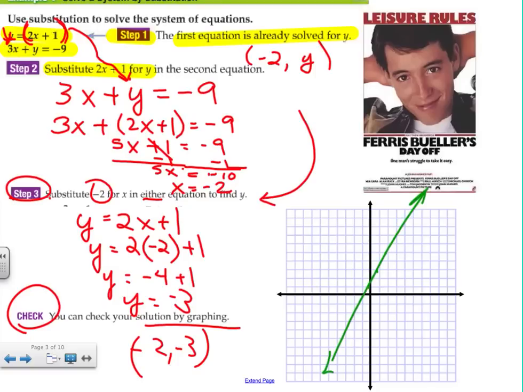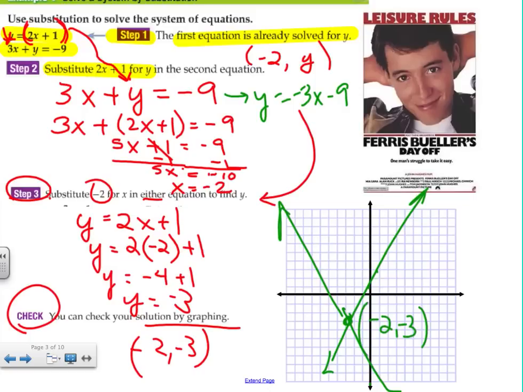And then we have y equals negative 3x minus 9, right? To graph it, we're here at negative 9, and we go up 3 over 1, up 3 over 1, up 3 over 1. And it graphs something like this, and we see that the intersection is negative 2 comma negative 3.